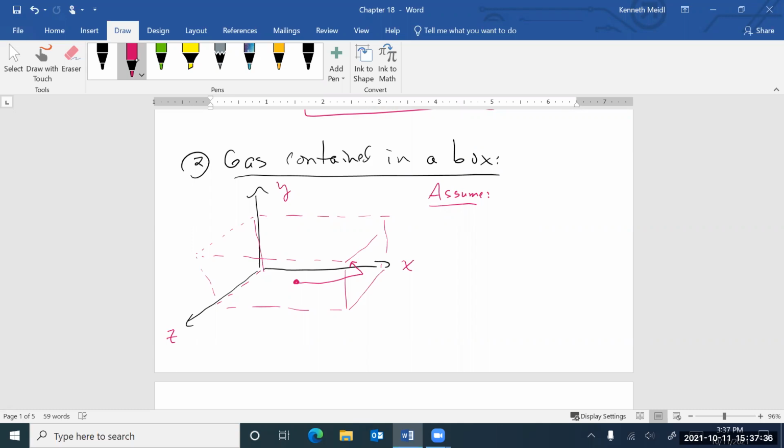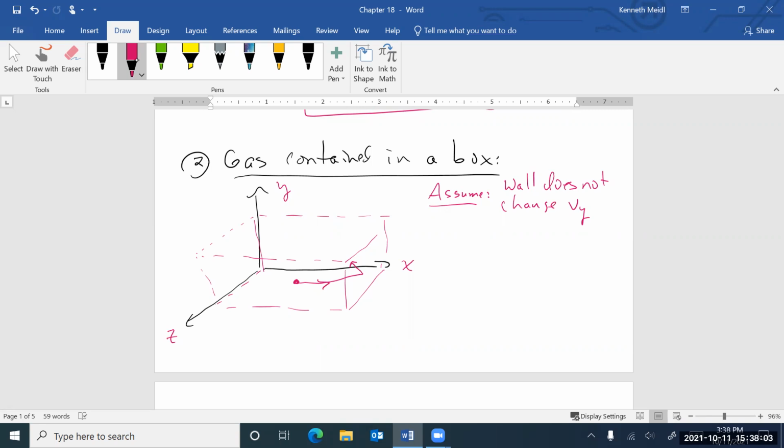So I'm going to assume that the wall does not change the velocity in the y direction, because maybe it came in with just a velocity in the x direction, and so it's going to leave with the same velocity in the x direction.